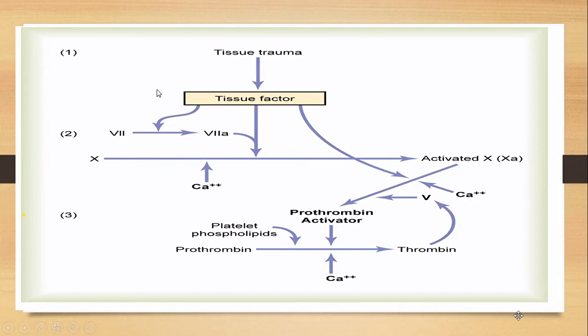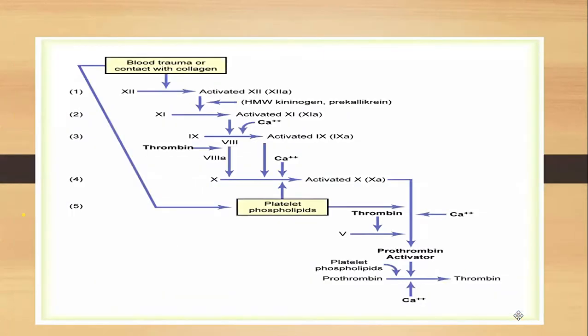The speed is faster than the intrinsic. And this one is the intrinsic, more complicated, with more factors. So that's how this prothrombin activator is formed. It starts with blood trauma or contact with collagen, as we said earlier for the intrinsic pathway.